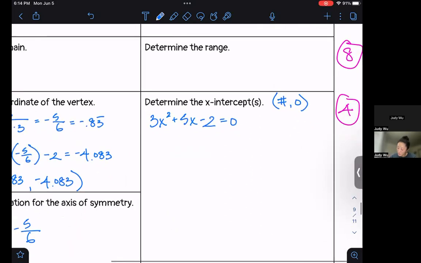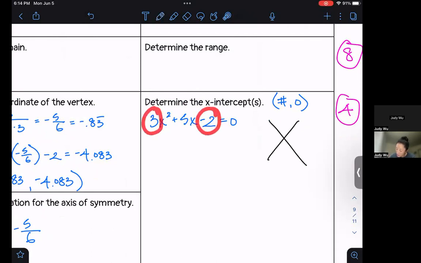Now, this is actually going to be using the strategy we used in the second half of our vertex form strategy, where we put our a times c in the top, so 3 times negative 2 is negative 6, and we took our b value and we put that on the bottom, okay?